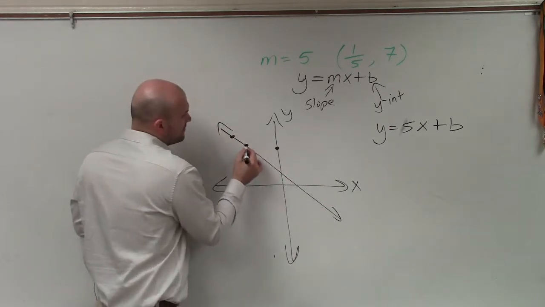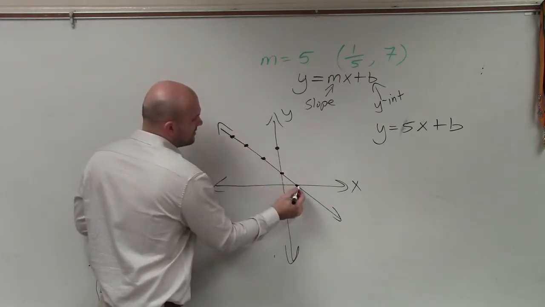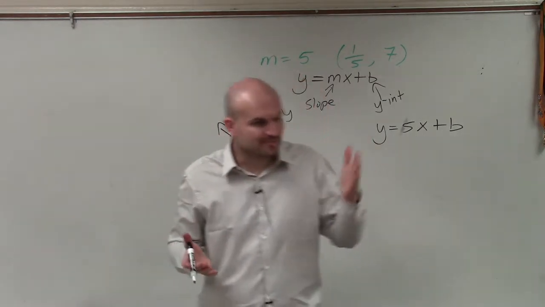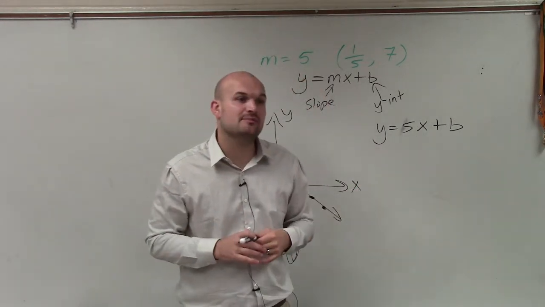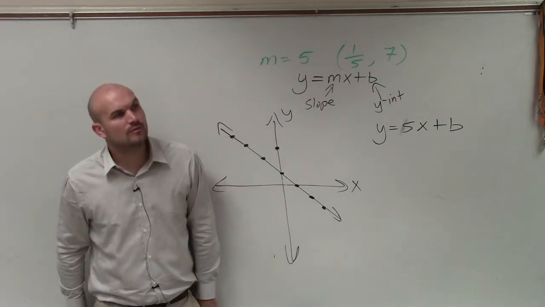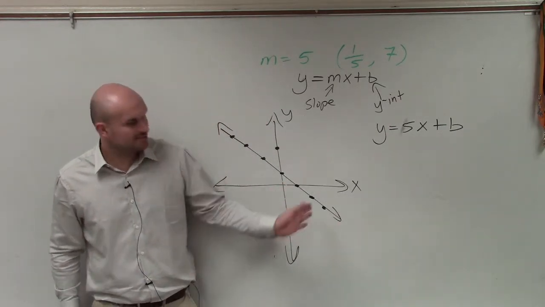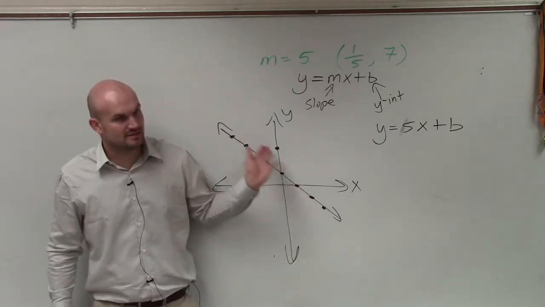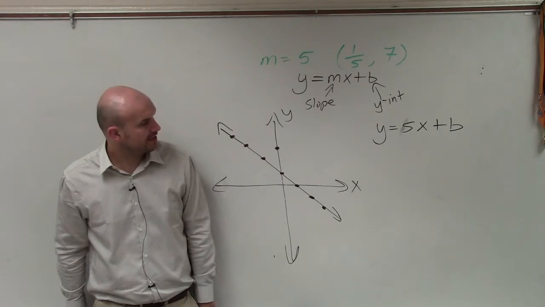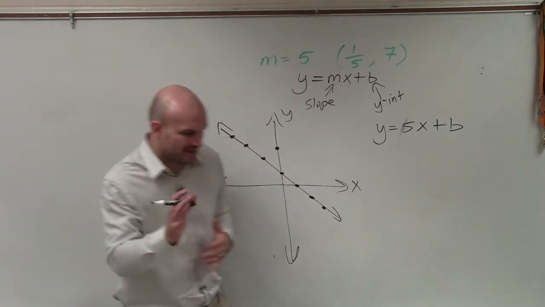I have points that lie on the line. And we practiced graphing those points. We took the points, we plotted them, we used a table of values, and we made points. Now, when we're looking at these points, remember these represent all different x and y coordinates, correct? OK, very good.